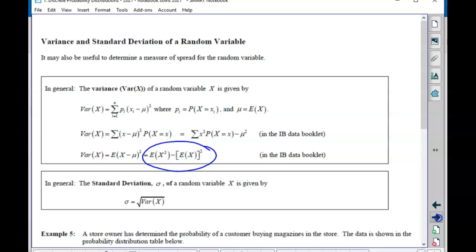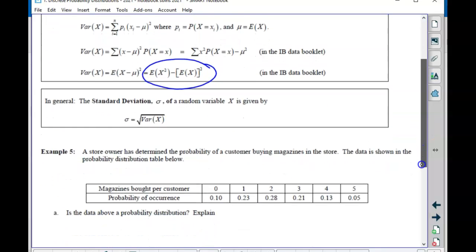So you'll either be given the expectation of x squared, or you'll have to figure that out, and then the regular expectation of x, all squared. So this is the variable squared, then the expectation. This is the expectation squared. And then obviously, just like before, standard deviation is the square root of the variance.